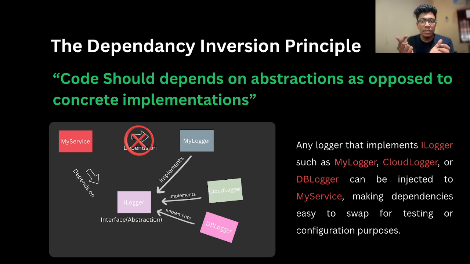You can switch dependencies because of this. As the slide says, any logger that implements iLogger, such as MyLogger, CloudLogger or DBLogger, can be injected into my service, making dependencies easy to swap for testing and configuration purposes. Yeah, that is the dependency inversion principle.